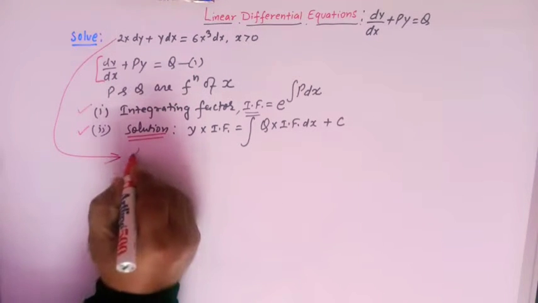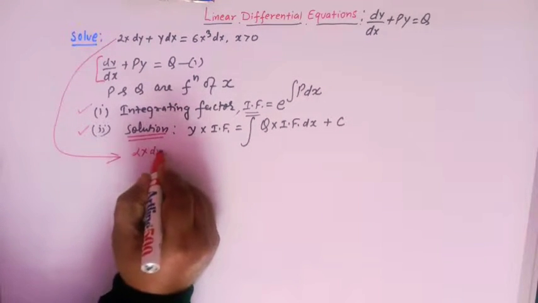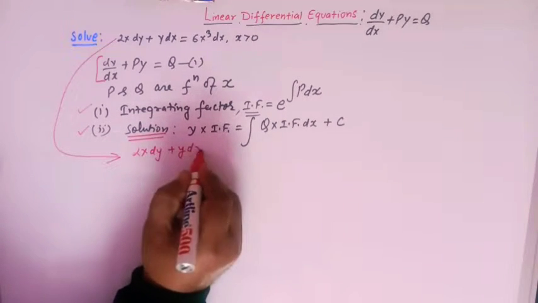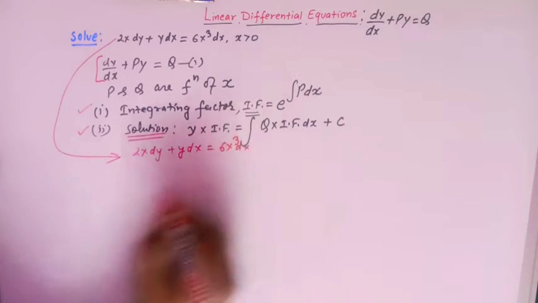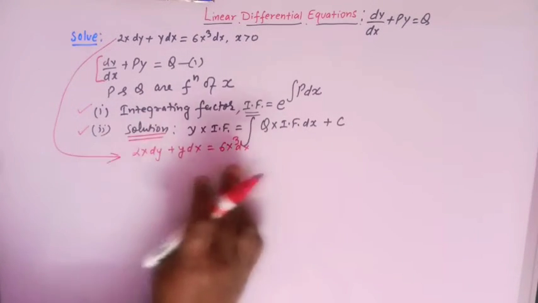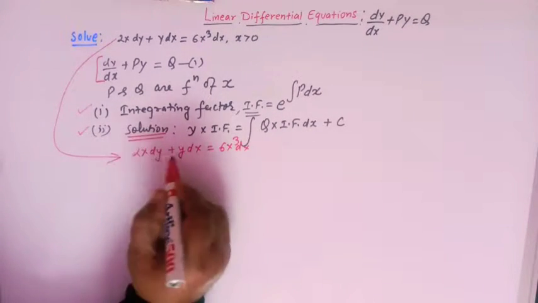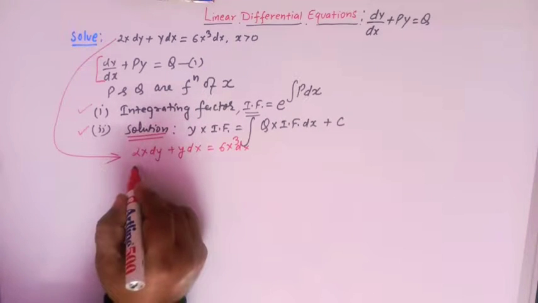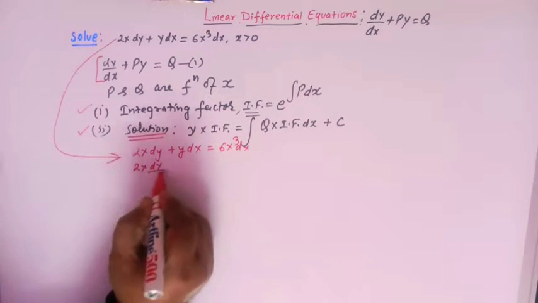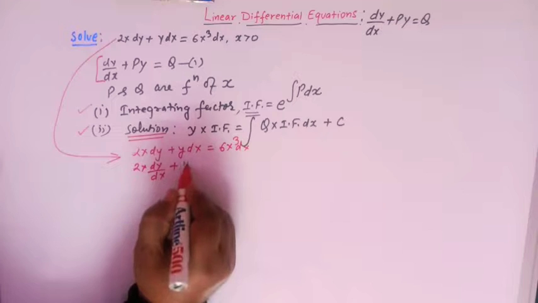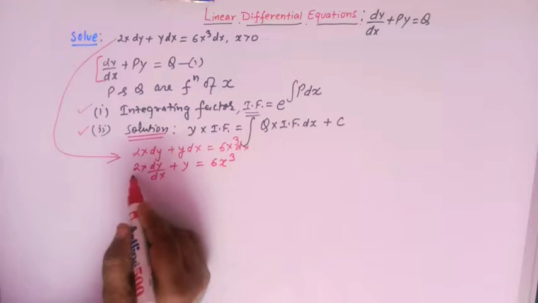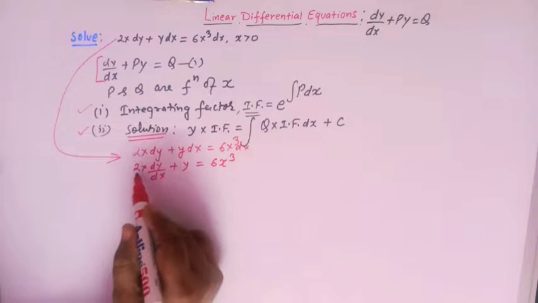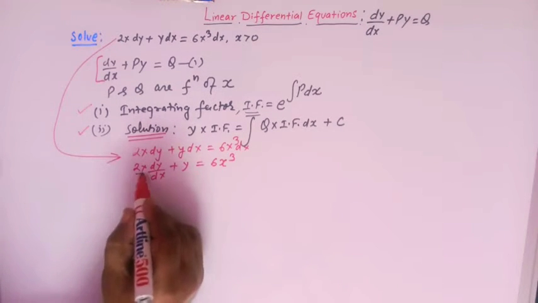We have 2x dy plus y dx is equal to 6x cube dx. Now if we divide both sides by dx, then we have 2x dy over dx plus y is equal to 6x cube, and in the next step let us divide both sides by 2x.